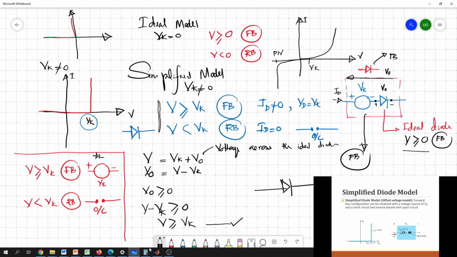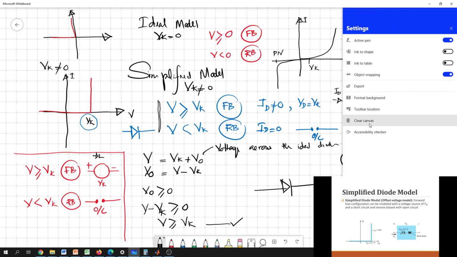And if it is reverse biased, the applied voltage is less than Vk, and you can simply replace the real diode with the open circuit model. So this is the second model which we need to discuss here.